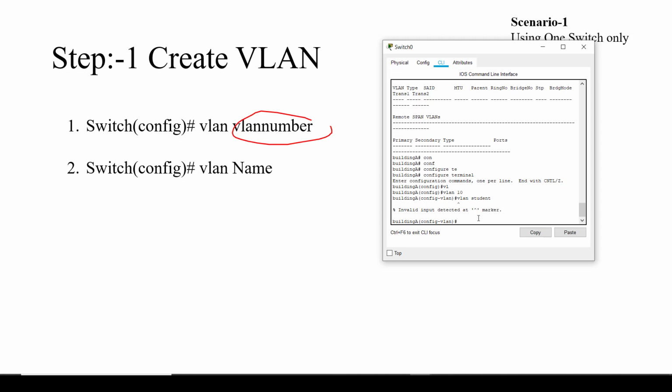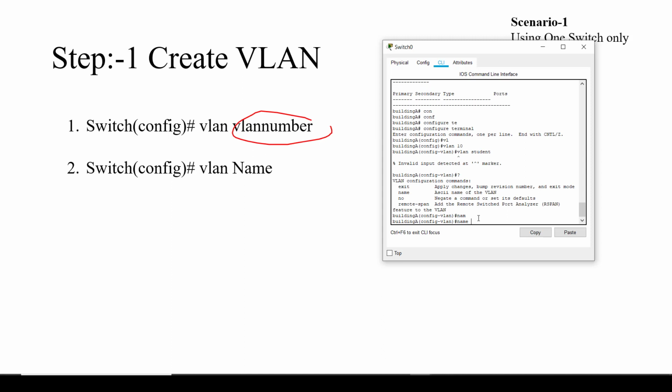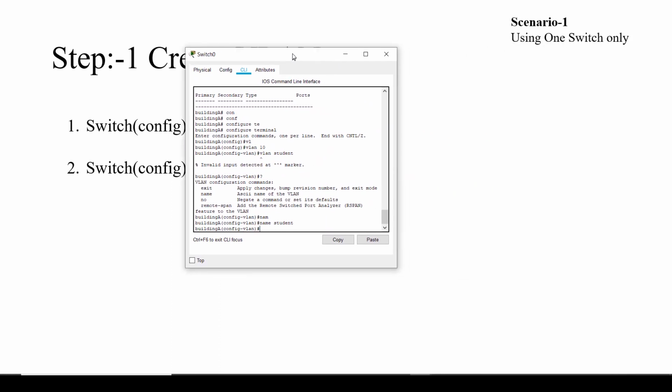Oh, sorry, that was a command mistake. I just have to type name, because I am already in VLAN configuration mode. And the name is student. Okay, now it's added, right?